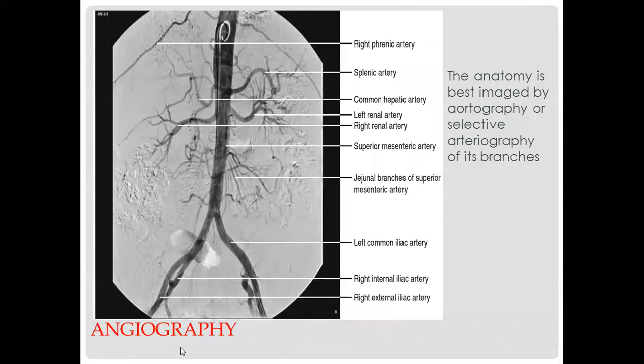Selective angiography, or digital subtraction angiography, is one of the best modalities, by aortography or selective angiography, for seeing all details of the aorta and its branches, even until the terminal branches.